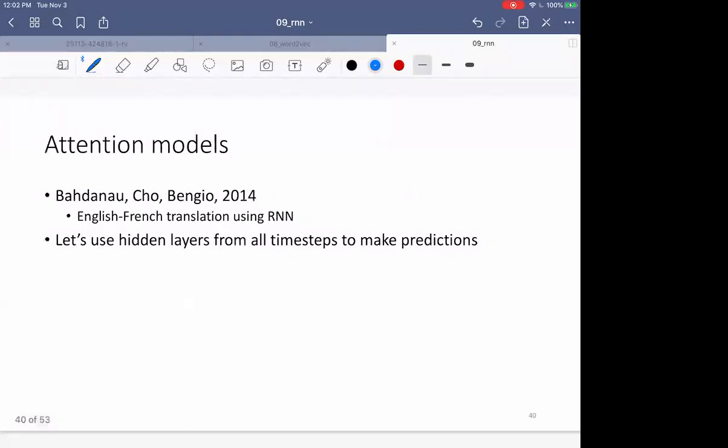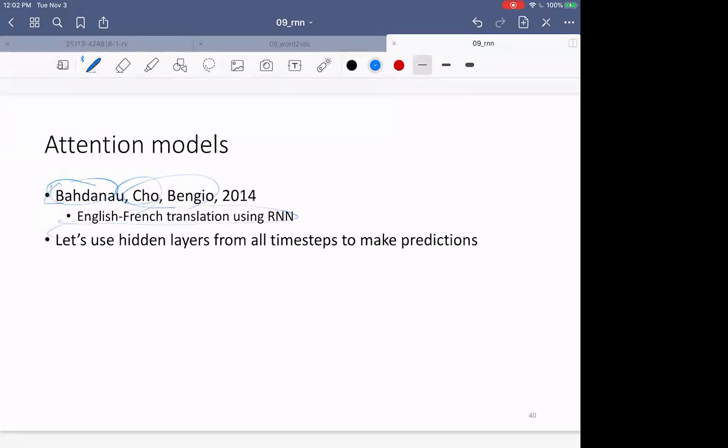All right. Attention was proposed in the same year by the Bengios as well, and Professor Kyunghyun Cho was also part of the authors. The first author was someone whose first name I forgot; Bahdanau is the last name. Again, it's still in the context of English to French translation.